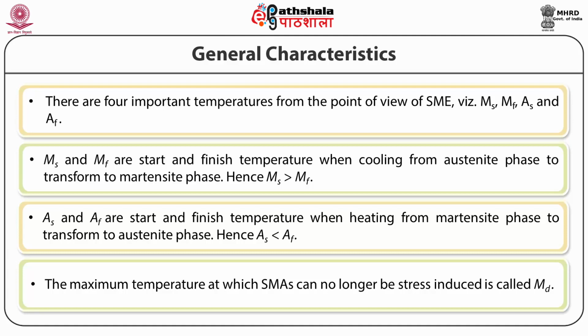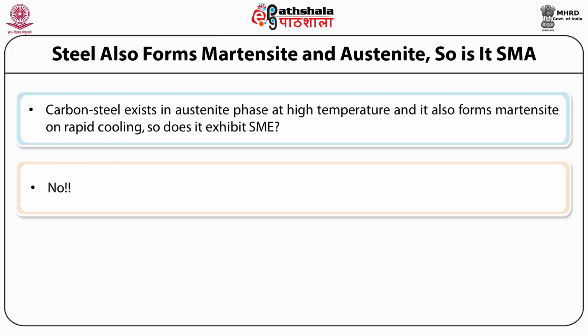The answer is no. If the temperature difference between the two phases is too large, then the driving force is also very large and the process does not remain reversible anymore.